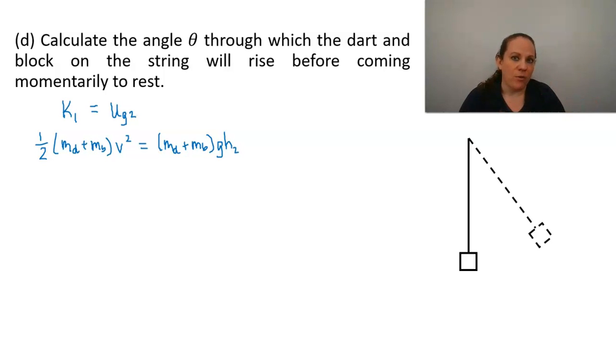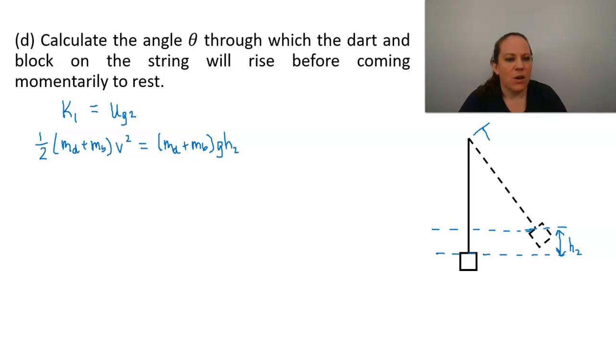So now on this diagram over here at the right, we are going to talk about how to find that h2. So I'm going to mark, first of all, the line. I'm just going to go at the top of the, where the block attached to the string, just for convenience. So that's going to be the height h2 through which the block rises.